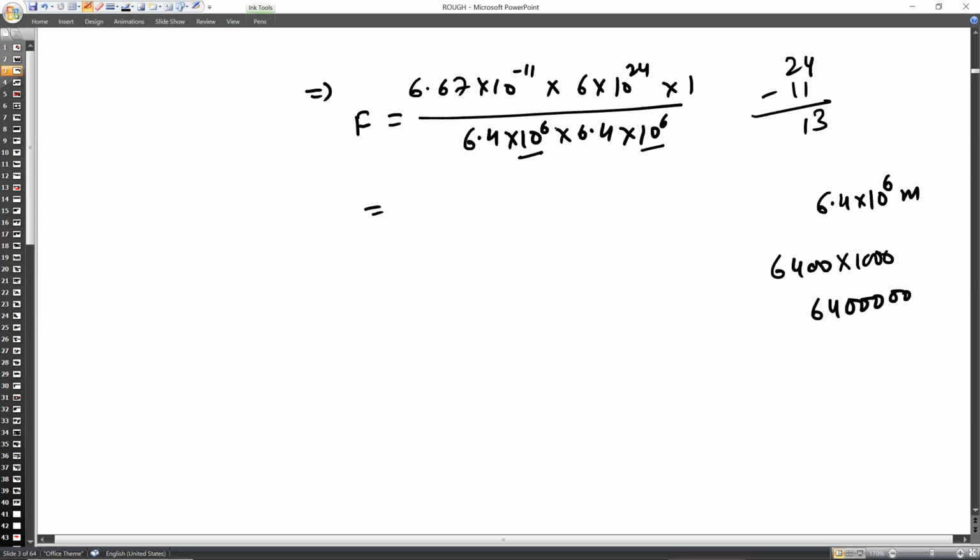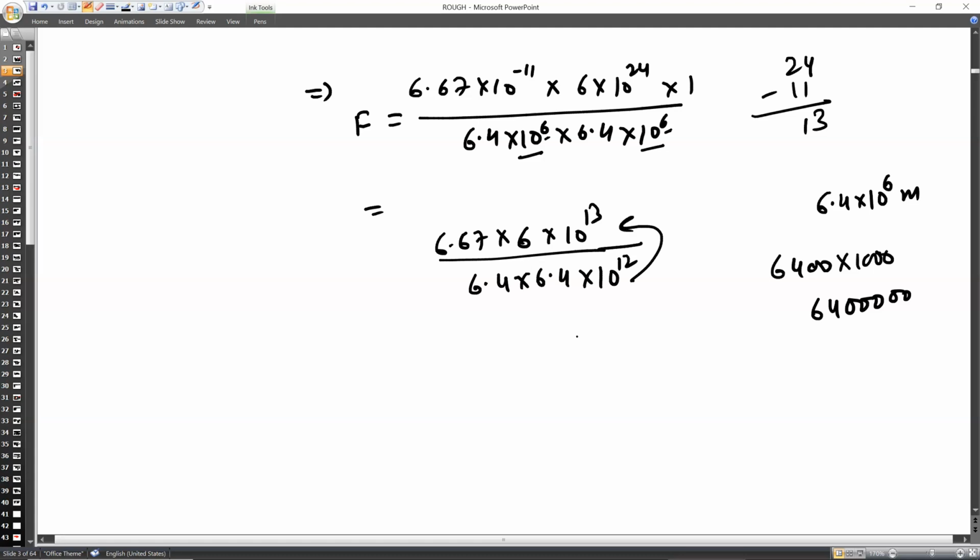And here you will get 6 and 6, so this will be 12. Total power is 12. So you can write it this way: 6.67 into 6 into 10 to the power 13 upon 6.4 into 6.4 into 10 to the power 12.